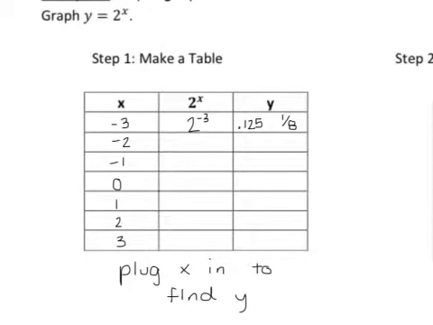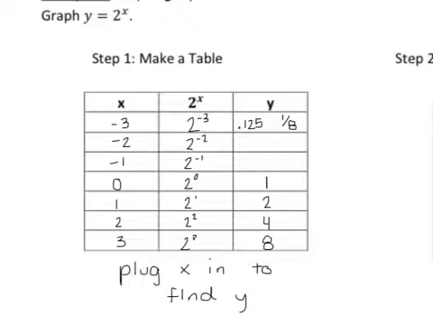All right, can you go down the line and figure all those out? Well, starting at the bottom, or in the middle, what's 2 to the 0? 1. Anything to the 0 is 1. What's 2 to the first? 2. 2 squared? 4. And 2 cubed? 8.